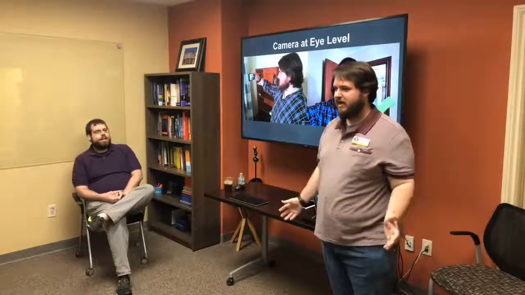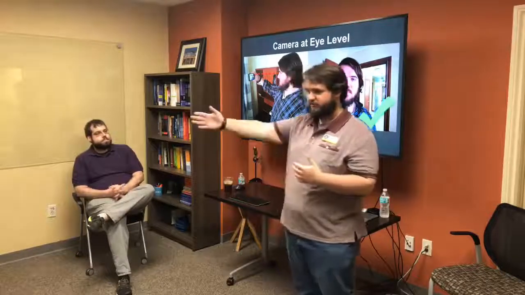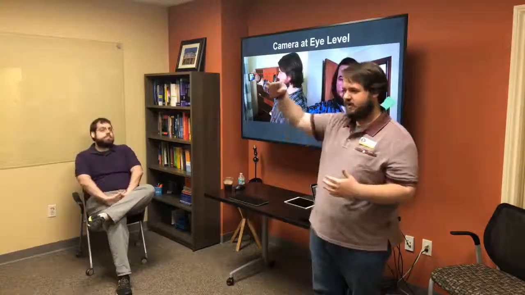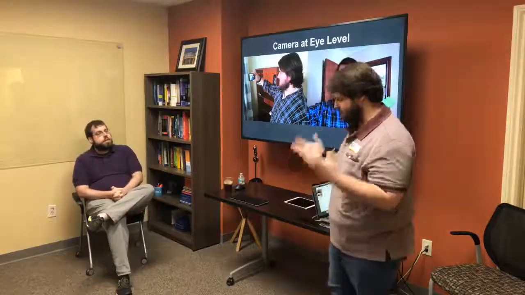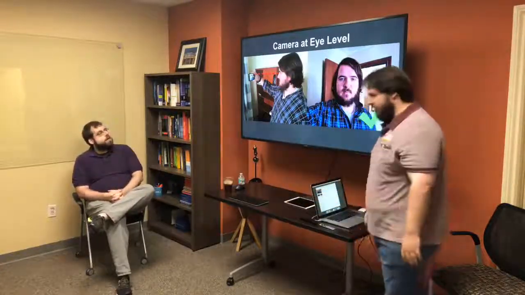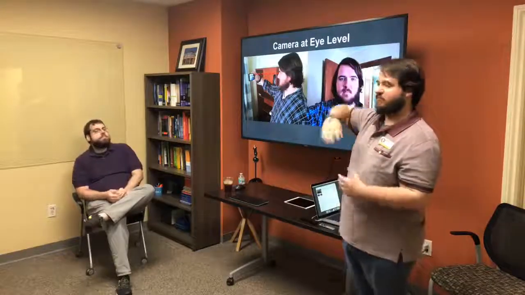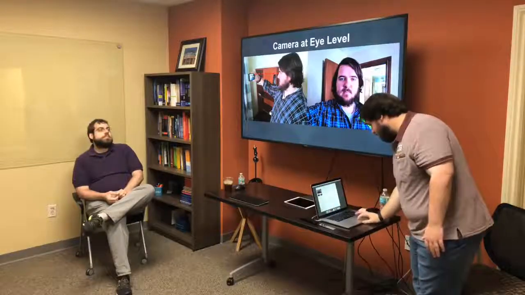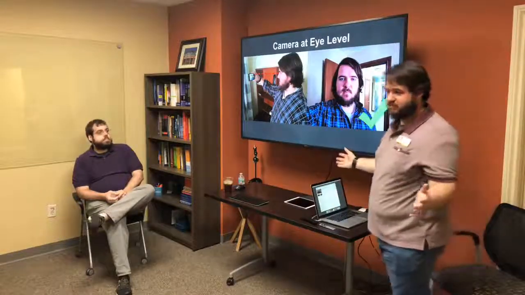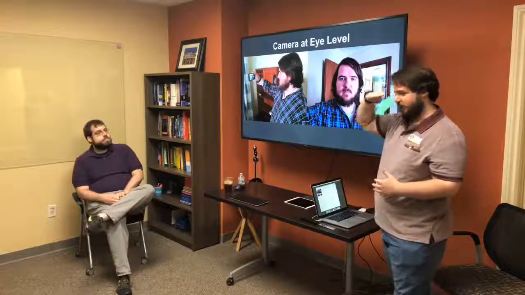Having the camera at eye level. Most conversations when you're talking with someone else are going to be at about eye level. Average height is the average height, so it's not typical that you would be speaking to someone who's way taller or way shorter, which in person is totally fine, but when you're communicating through video, you want to have the camera at eye level.